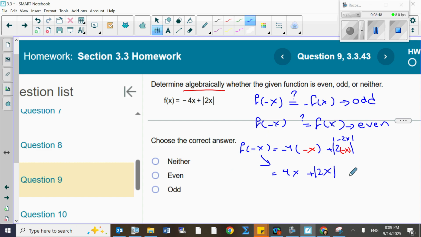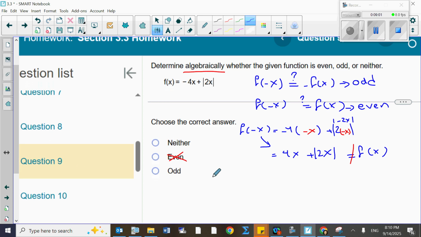But is this equal to f of x? It's not. So this is not an even function. Now I need to check if it's odd or not. This time I'm going to find negative f of x and see what happens. Negative f of x means whatever your function is, put a negative in front of it and then simplify.